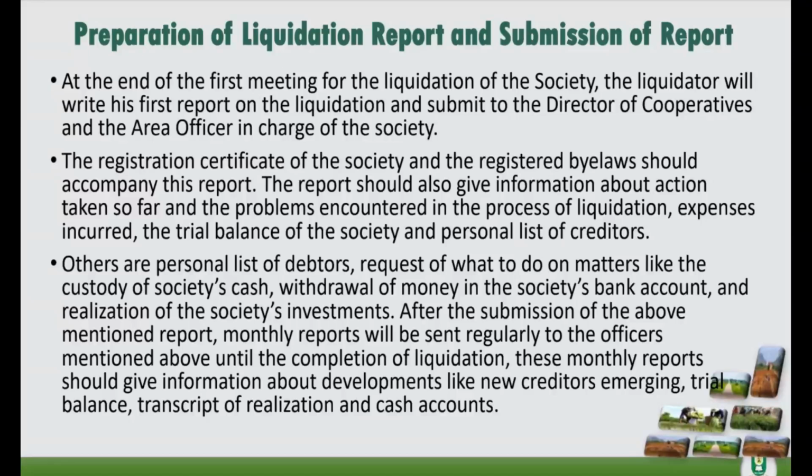Others are the personal list of debtors, and requests on what to do on matters like the custody of the society's cash, withdrawal of monies in the society's bank account, and the realization of the society's investments.